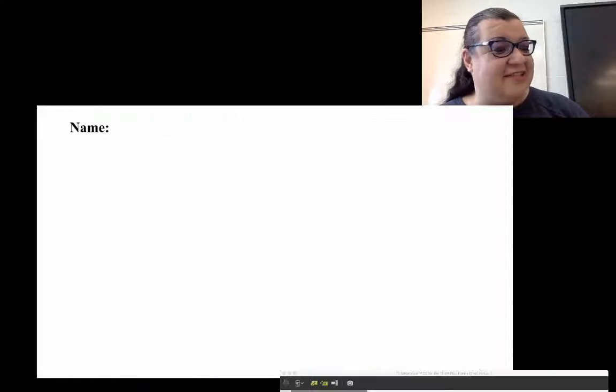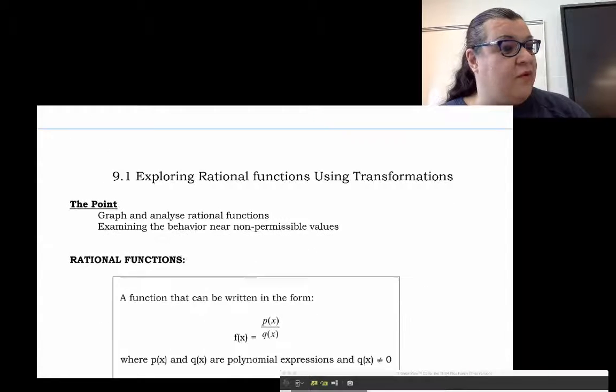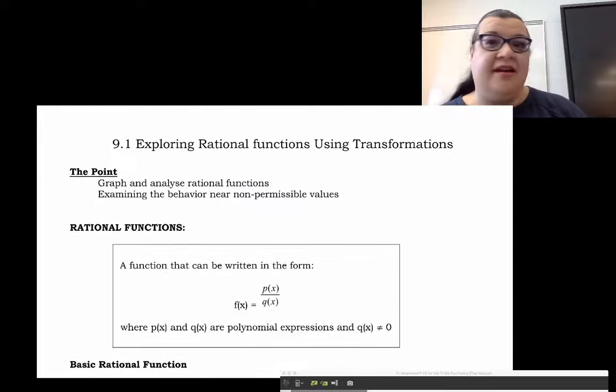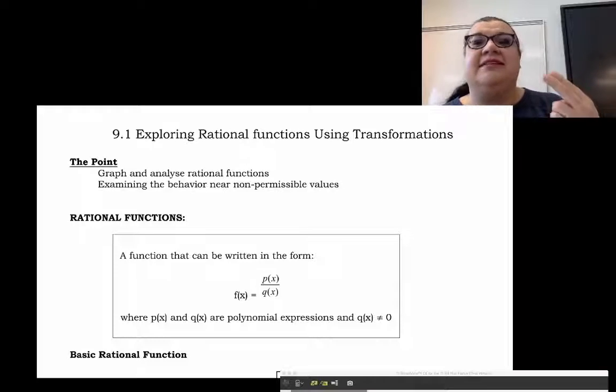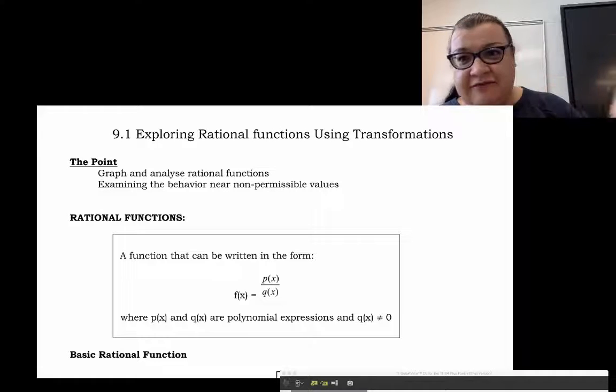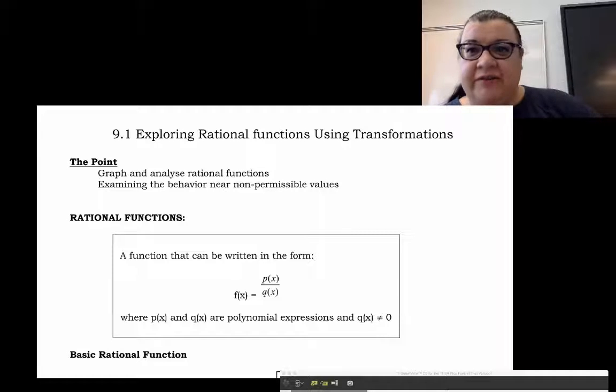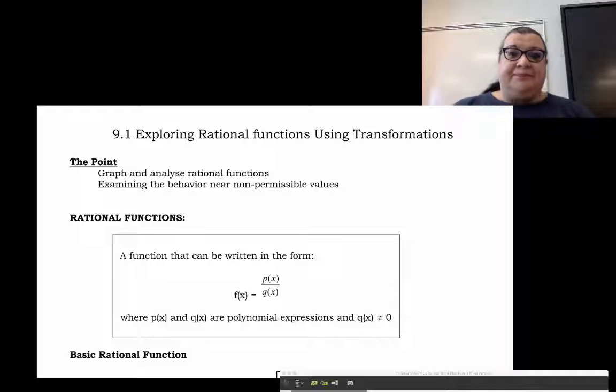So we're going to do just 9.1 this week, which is that we're going to take a look at rational functions using transformations. So we're going to use all of the things that we have learned already about transformations and apply them to rational functions, just like we did with polynomial functions and square root functions and generic functions when we first learned about transformations.